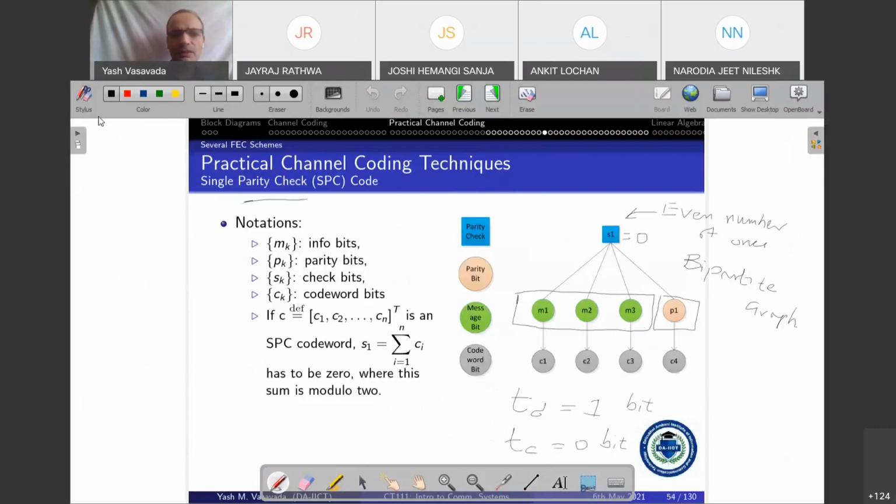We were talking about the SPC code, and specifically, we drew this diagram, which we call bipartite diagram.